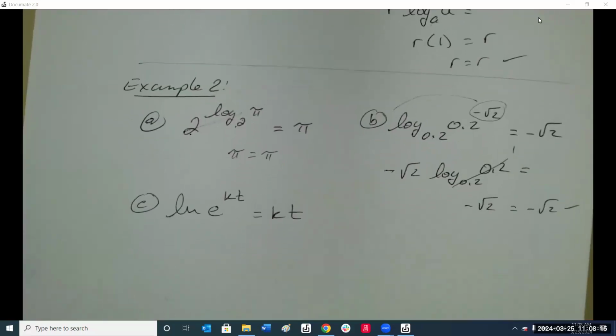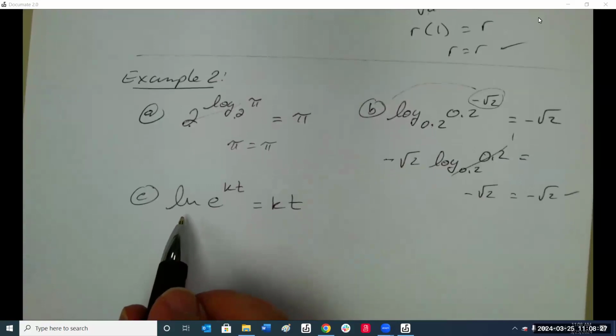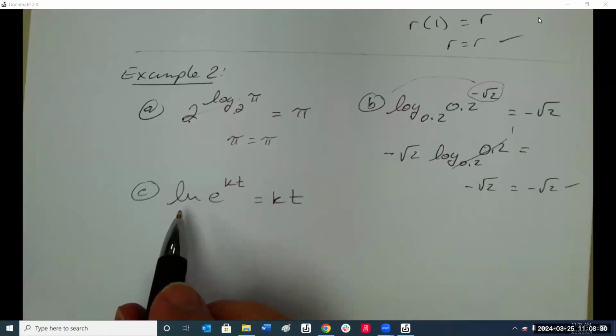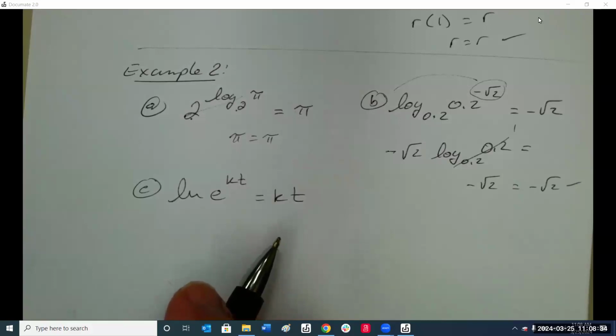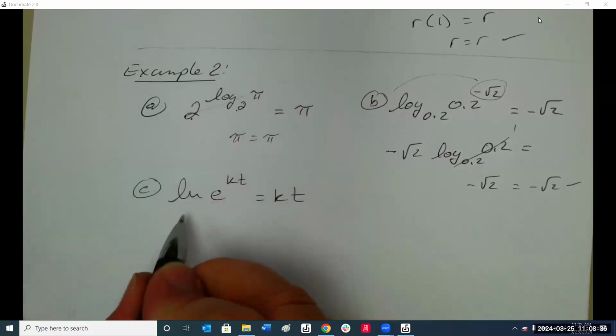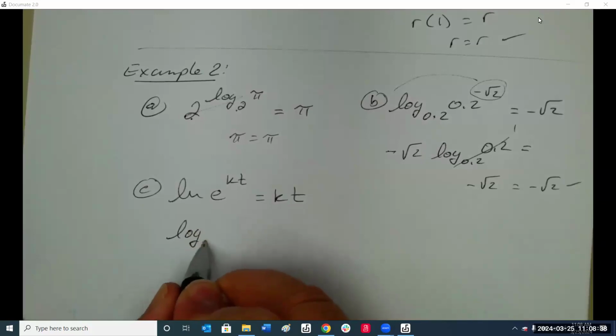Why is that one true? What is ln? How do we expand ln? You said you had it. ln is log base e.